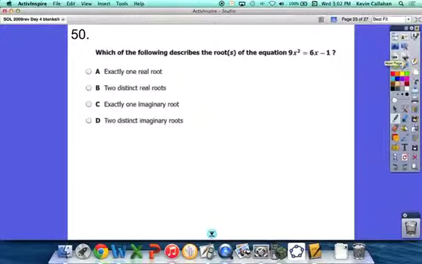And then this one, which of the following describes the roots of the equation? What did you say? A? And how did you get it? You did the discriminant, right? So if you get everything on one side and 0 on the other, then remember, you don't have to do the whole quadratic formula, just the b squared minus 4ac, the discriminant part, right?